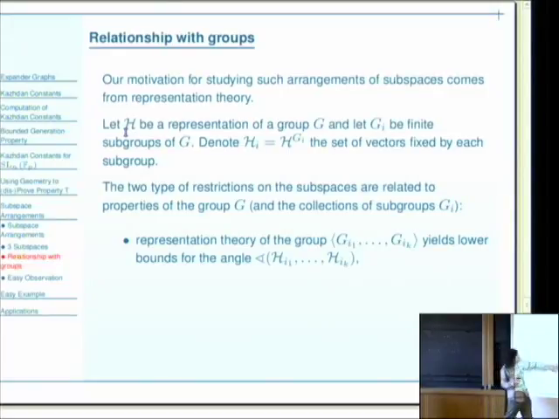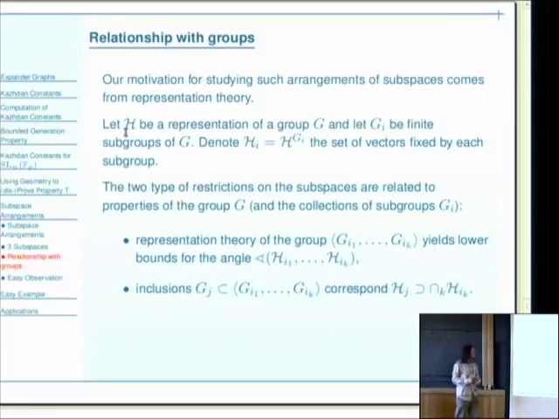If I understand the representation theory of the group generated by, say, a pair of G_i's, this really tells me a bound for the angle between the corresponding fixed spaces. If I want to bound the angle between 20 H_i's, then I have to take the representation of the group generated by the 20 subgroups and understand it. So if I understand this kind of representation theory, I can translate it into some kind of bound for the angles.